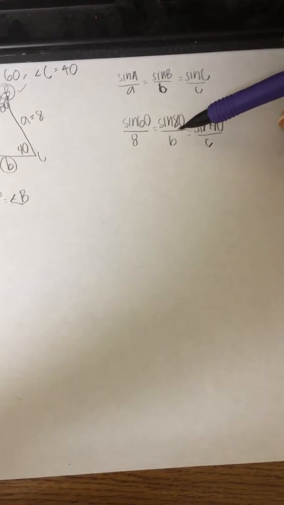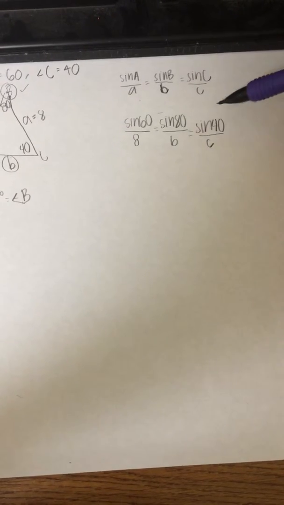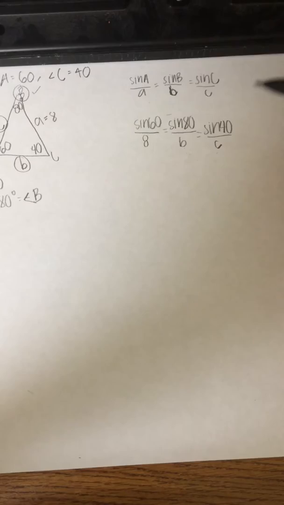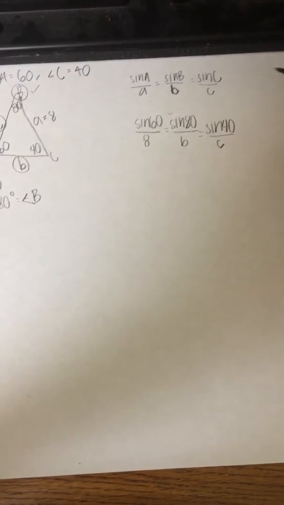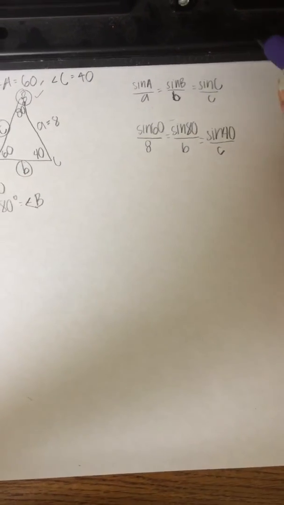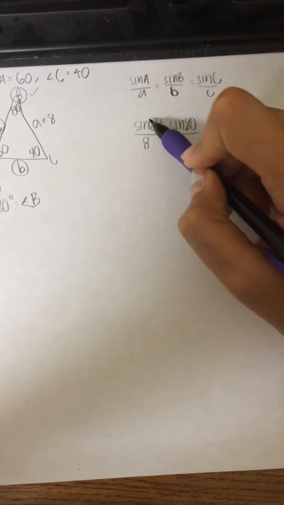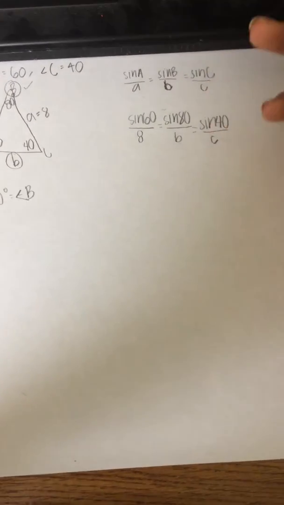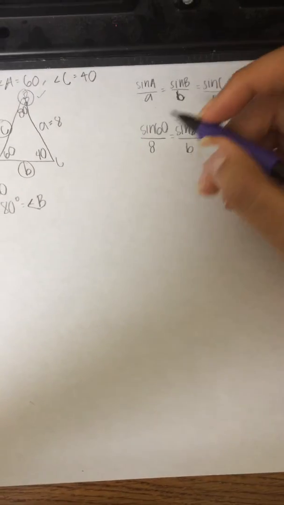If you want to start with these two, you can't, because you have two missing values, which is impossible to solve. So first you want to start with the values here, where you only have one missing value, so you can solve and find it.